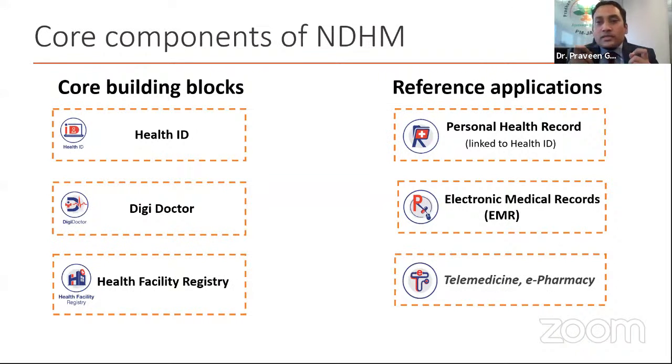So if a patient goes to a hospital, say in Solapur, and he is referred to some hospital in Mumbai, he goes to Mumbai, then a doctor in Mumbai should be able to see his health records in the computer system of Solapur hospital with the consent of the patient. That's the idea. And this is one of the major benefits that this mission is going to bring.